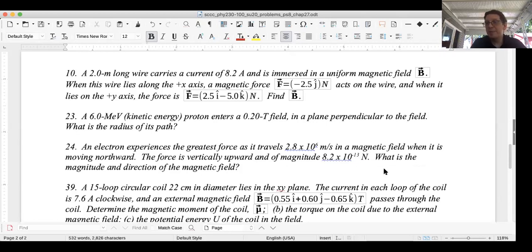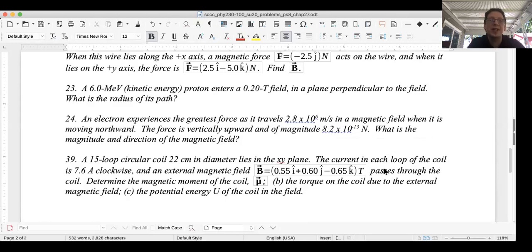V and B have to be perpendicular for it to experience the maximum magnetic force. The force is vertically upward, and you're given the magnitude. And you're asked to figure out the magnitude and direction of the magnetic field, and you have enough information to solve that.